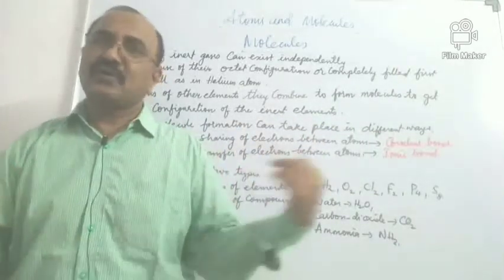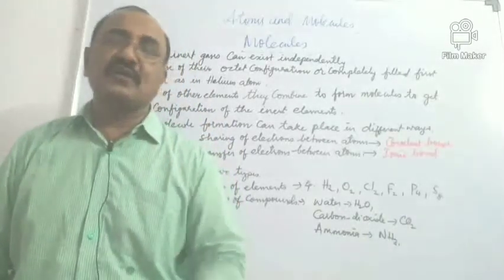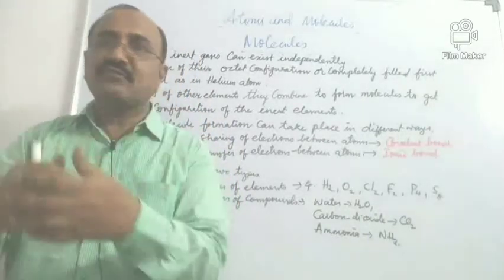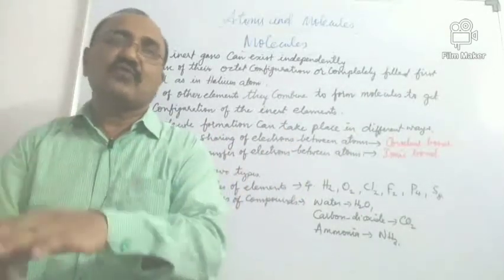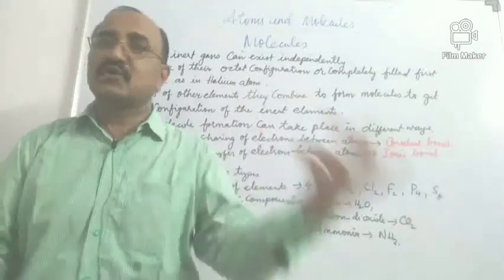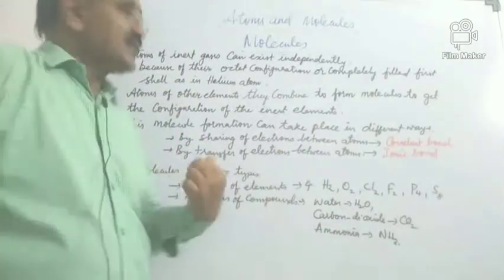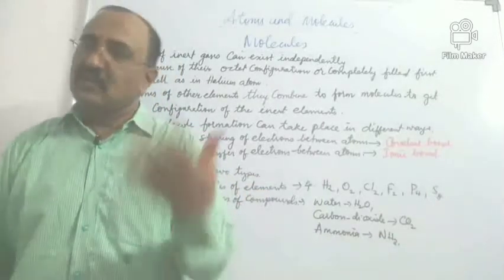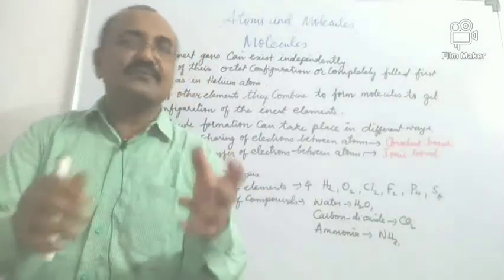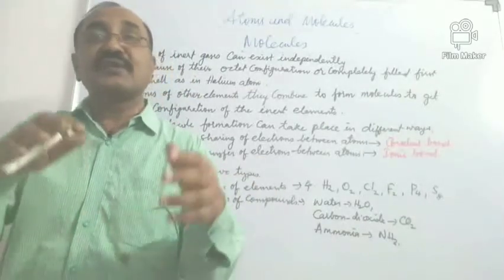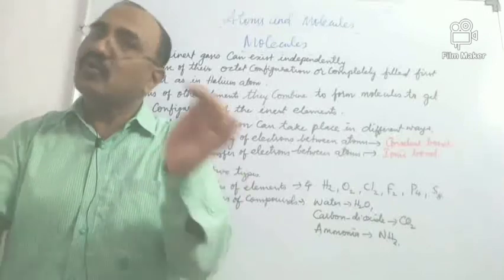So there are two ways in which atoms combine to form molecules: by sharing of the electrons, or by transfer of electrons from one atom of an element to the atom of the other element. So children, that's how. And what are the different types of molecules? Atoms of the same element can combine among themselves to form molecules, and atoms of different elements can also combine to form molecules.